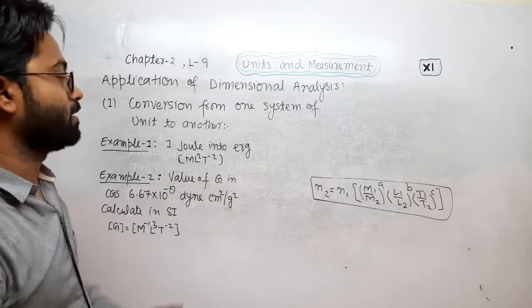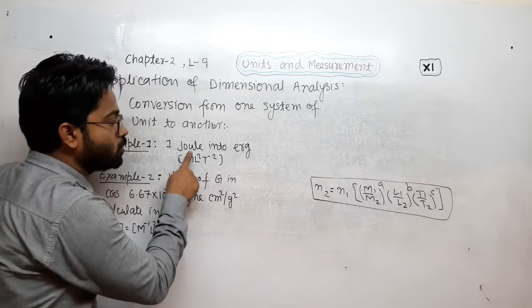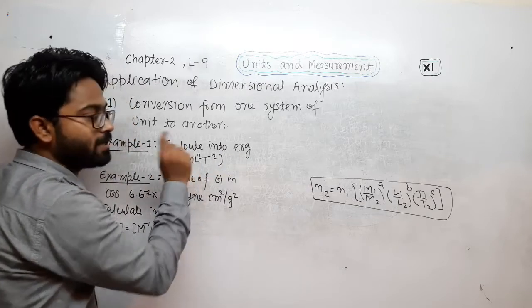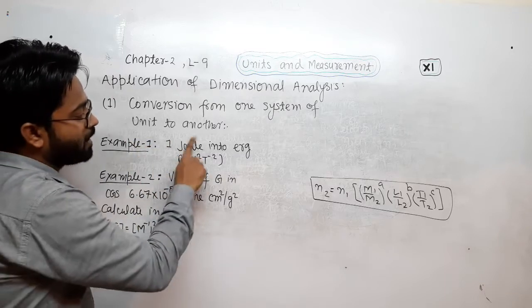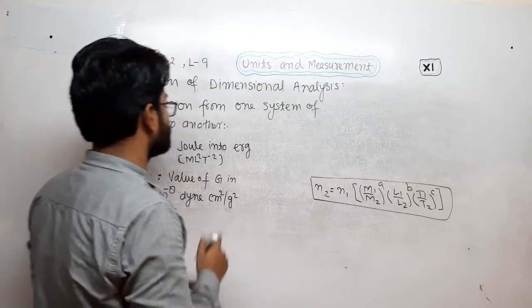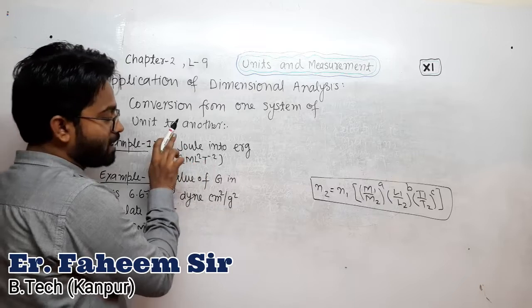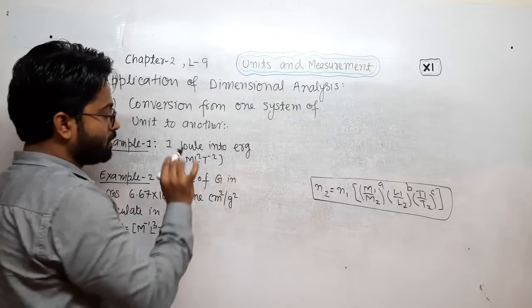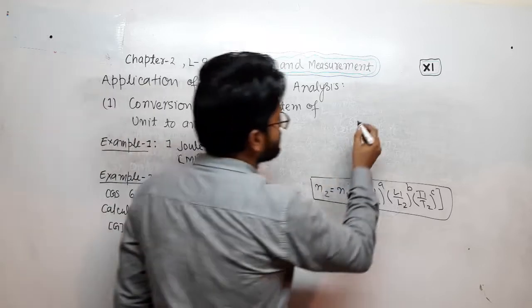First example is convert 1 joule into erg. Joule is in MKS or SI, and erg is in CGS. Basically we need to convert SI into CGS.